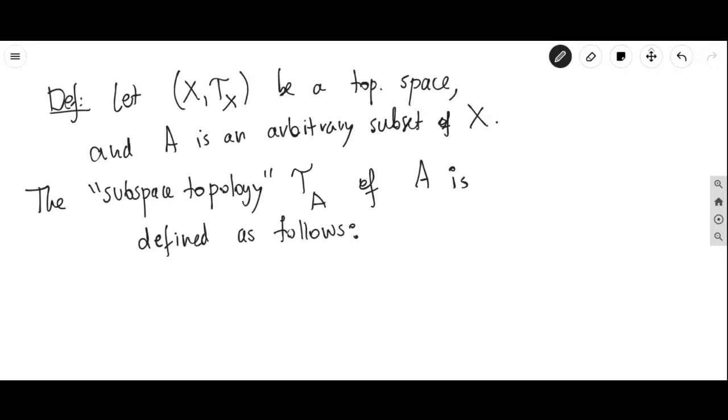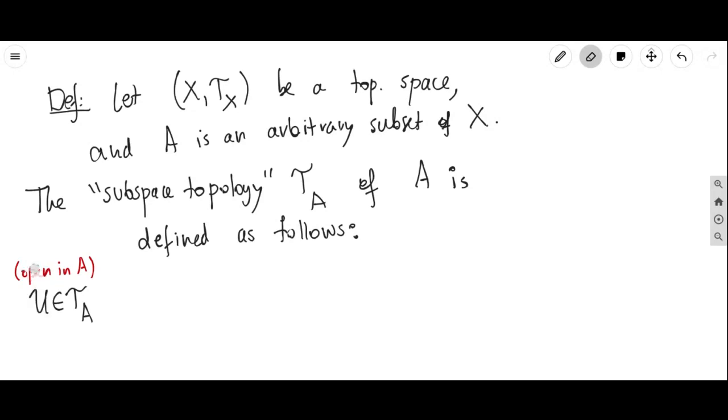So you say that U is in the topology T_A, so this is the topology of A. This is just another way of saying open in A. All that means is that U is going to be a subset of A, because the topology on A is a collection of subsets of A. So you're defining what it means to be an open set.